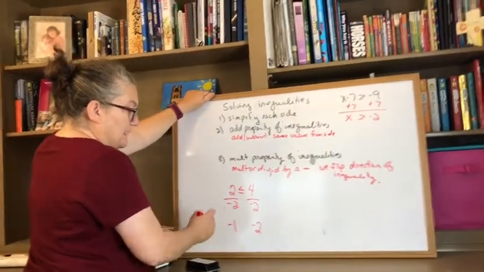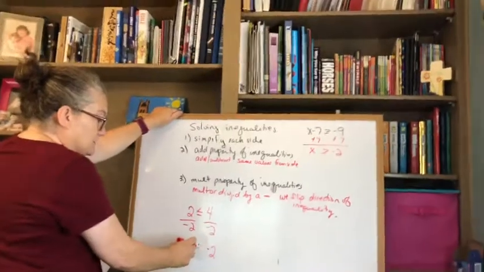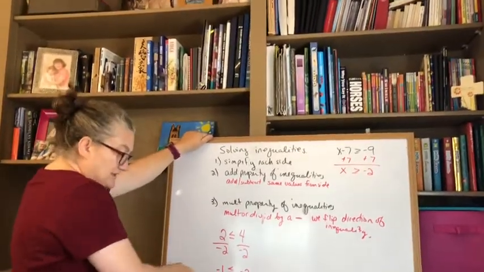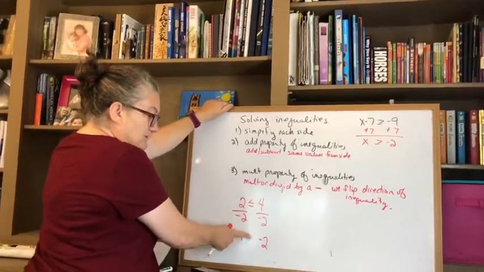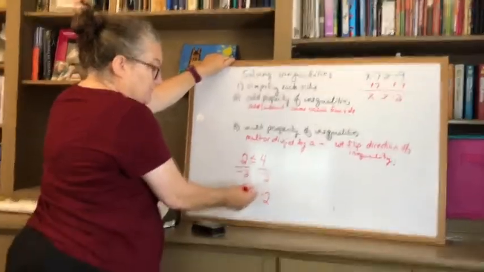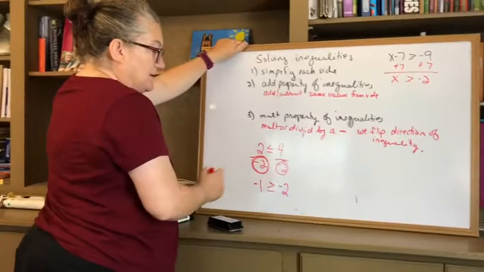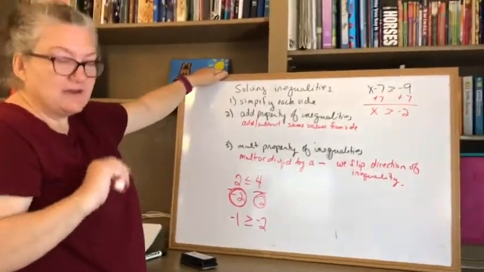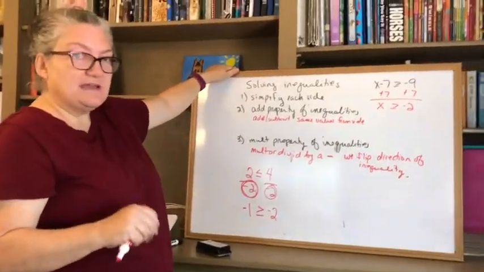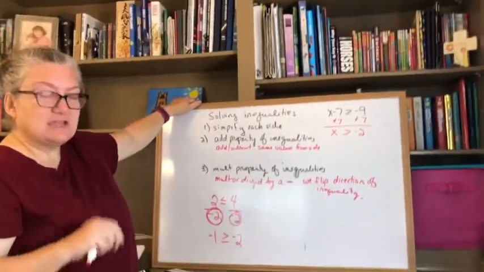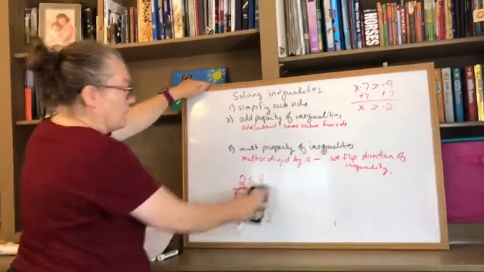Do you agree? If we keep the same direction, is that true? That's not true. Negative 1 is not less than or equal to negative 2. You have to flip the direction. So when we divide by a negative, it could be negative 1, negative 5, negative 10, negative whatever. When you multiply or divide an inequality by a negative, you flip the direction of the inequality.